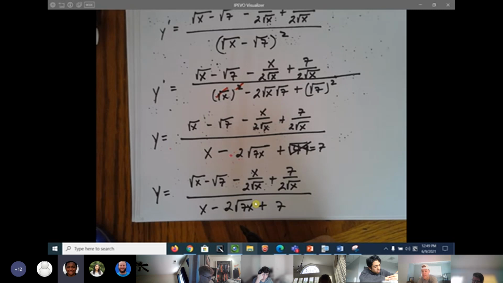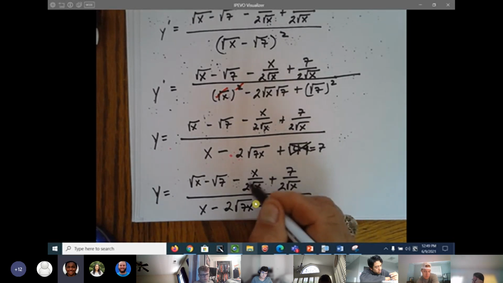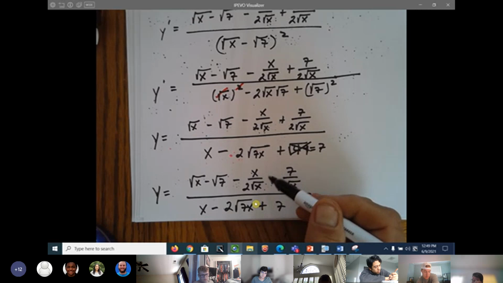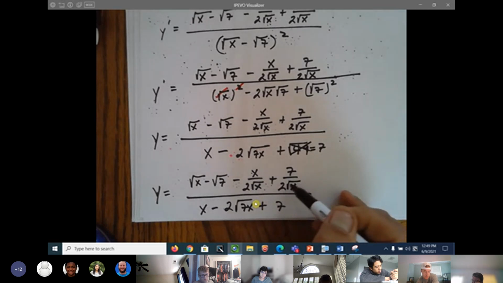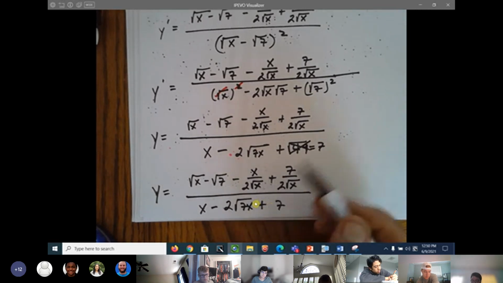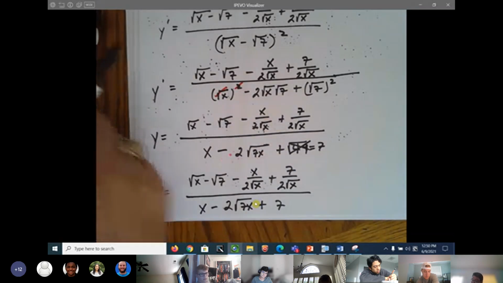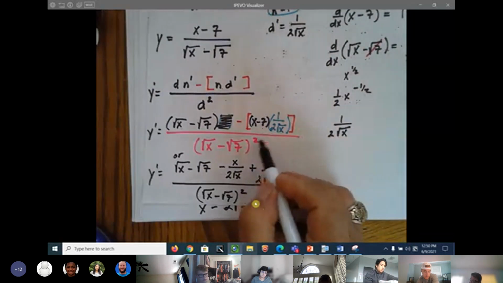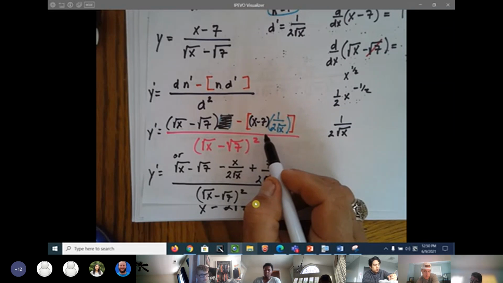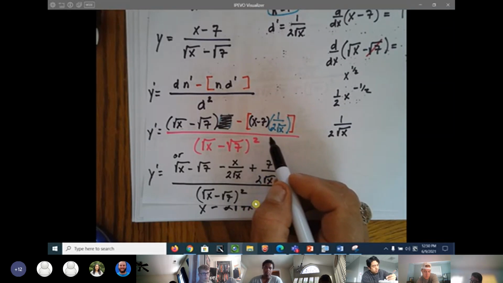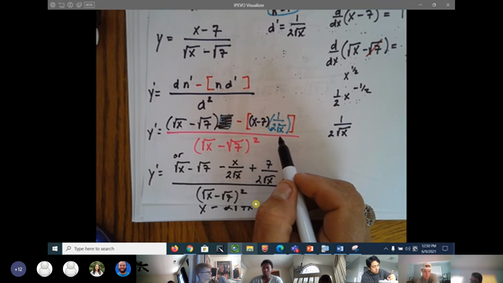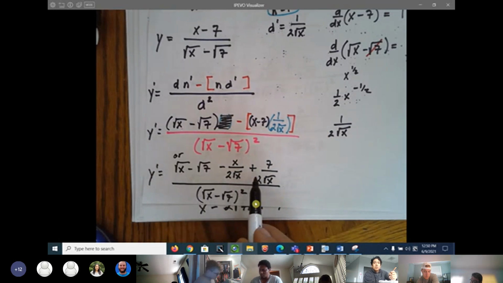Where it says x over 2 square root of x, when that cancels out, that way you're just left with negative x plus 7. No, that doesn't cancel. These don't cancel. I'm looking at the very beginning right here.